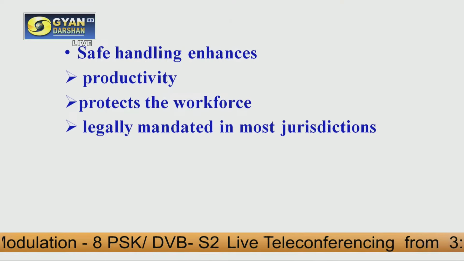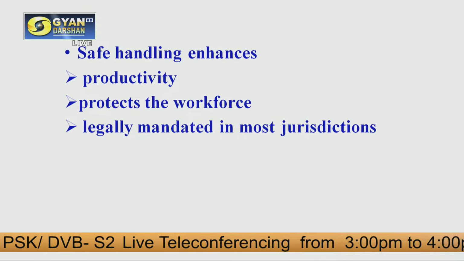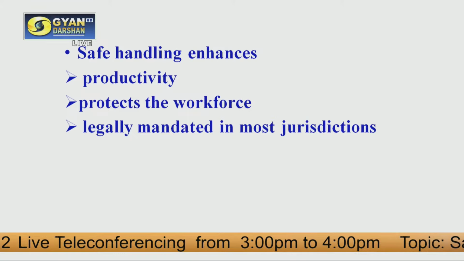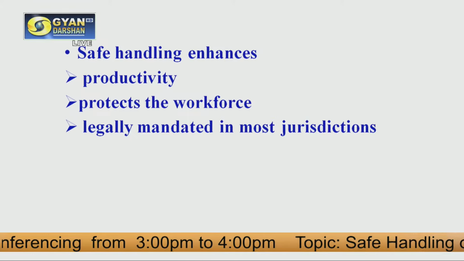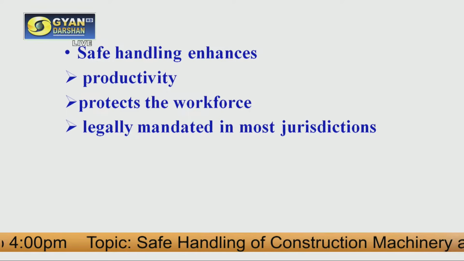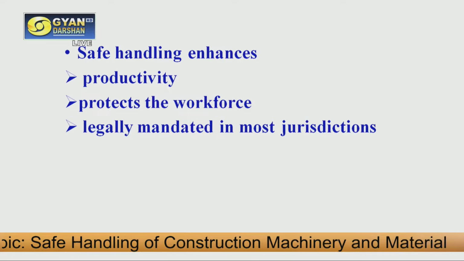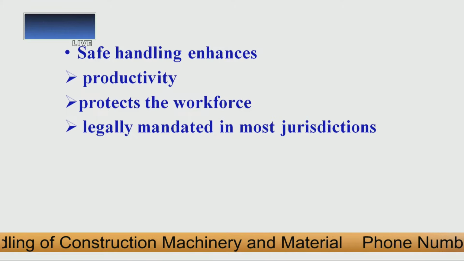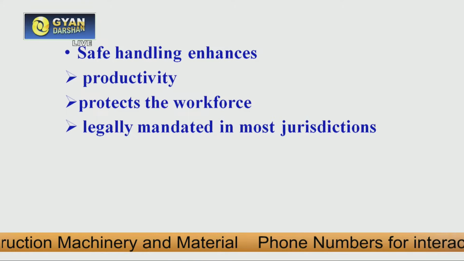What do we gain when we deal with the machinery as well as the materials safely? The safe handling of machinery and materials improves the productivity first of all. As I told you, if some injury or accident is there, there will be no work, so productivity will be zero.